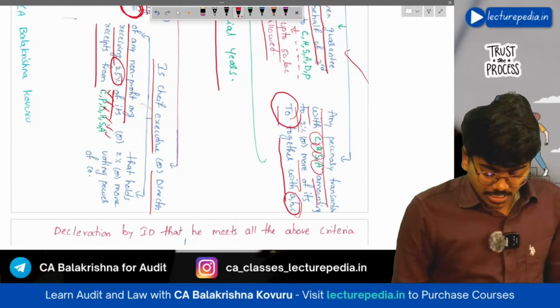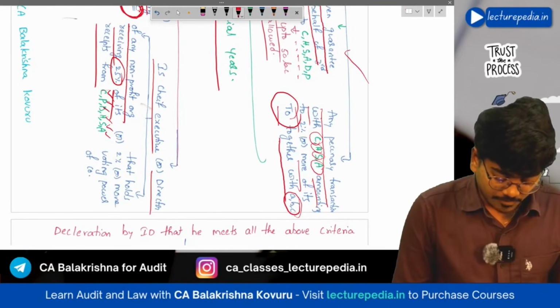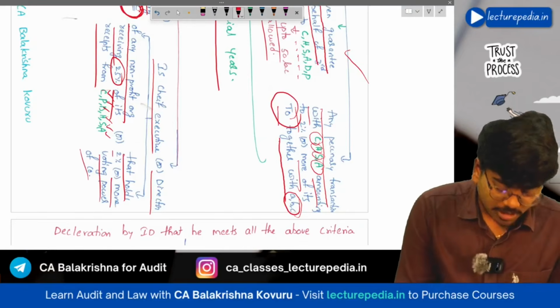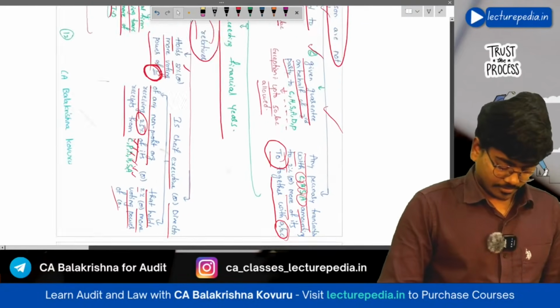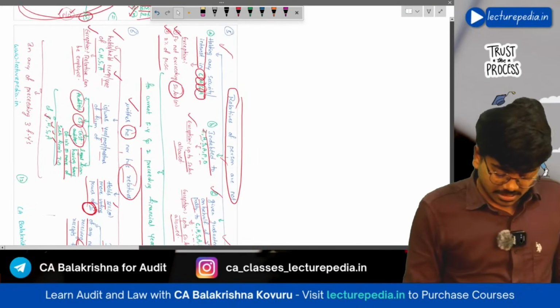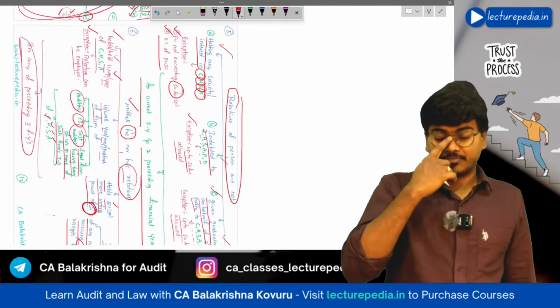Hope that is clear. And he should also not be a chief executive or director of a company that holds 2% or more voting power of the company. This criteria you need to check for the preceding 3 financial years.